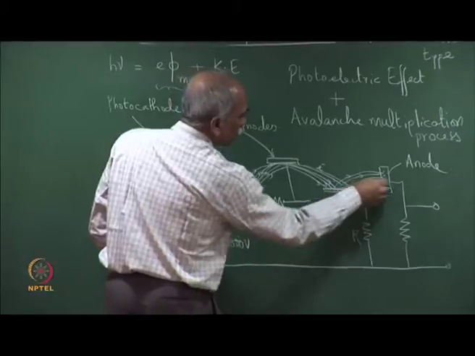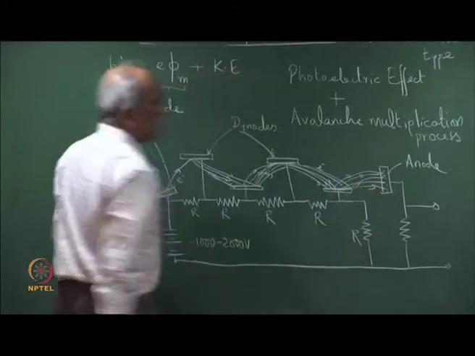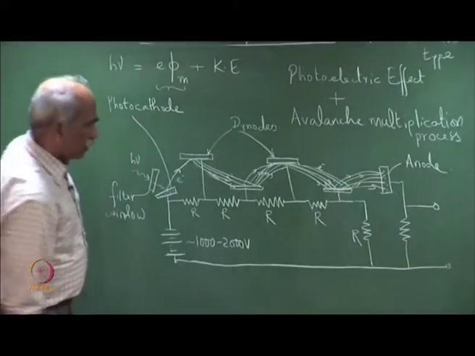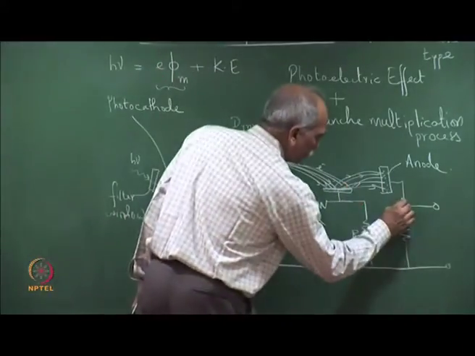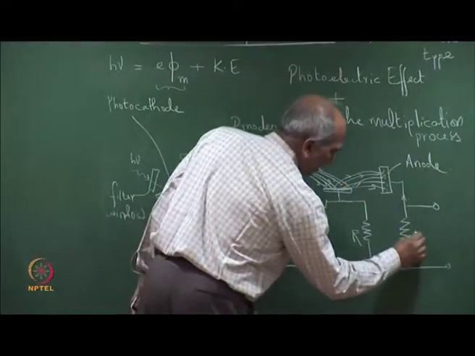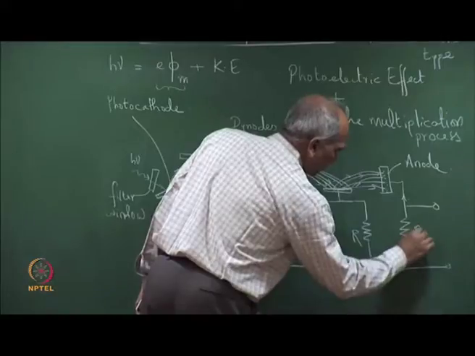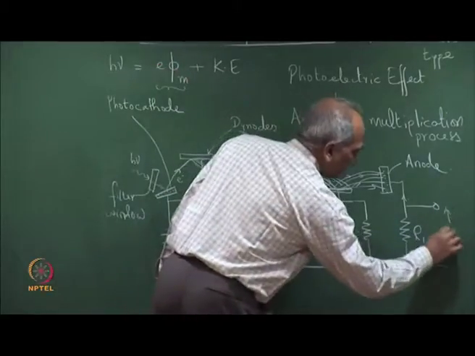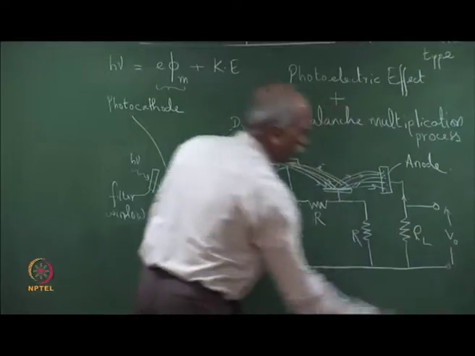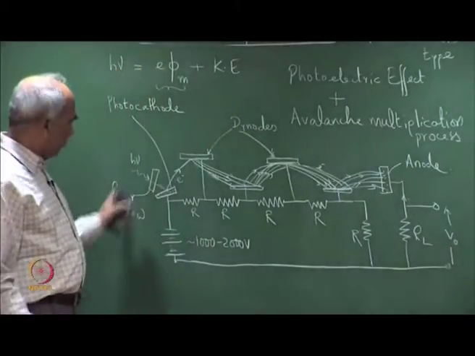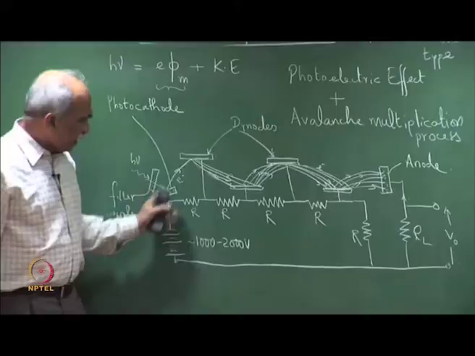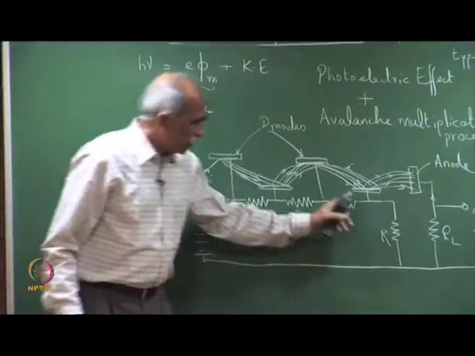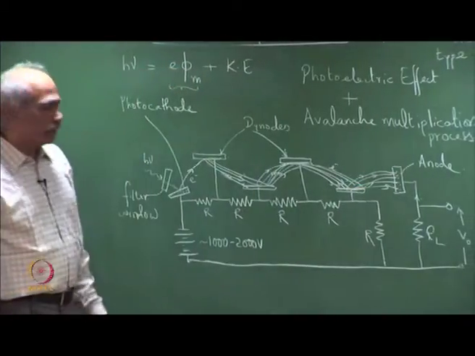The electrons from the last dynode are collected at the anode. This leads to a photocurrent and a voltage across the load resistance R L, giving an output voltage V O here. So, a single incident photon leads to creation of an avalanche of electrons.